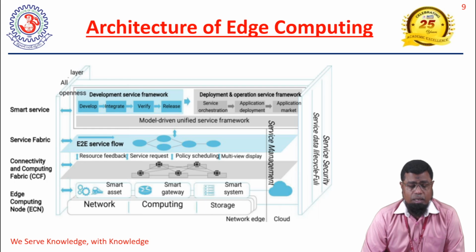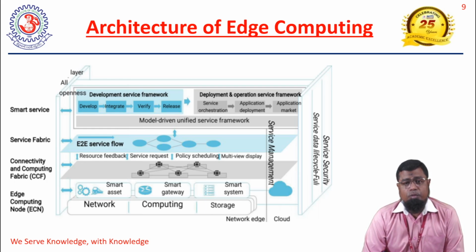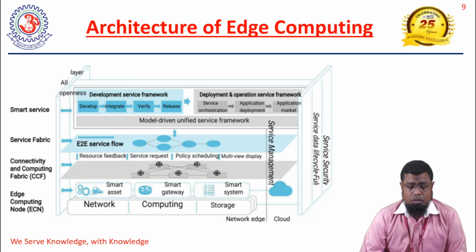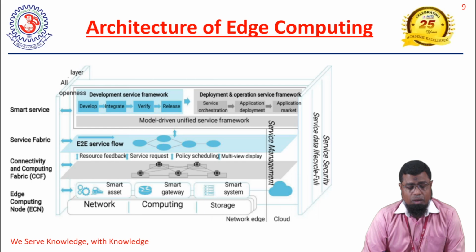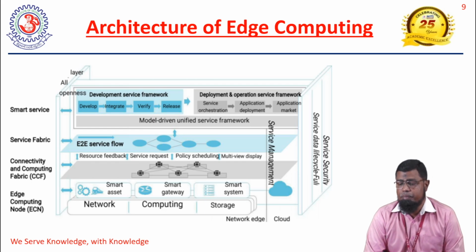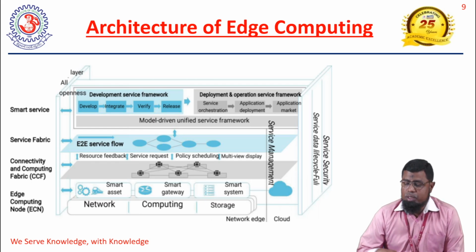And in deployment, when we are going to provide the service to end users after development, there is service orchestration, then application development, then application marketing. So three stages are there, which are taken care of in deployment. Together we call this the smart service layer. And the next layer is service fabric.